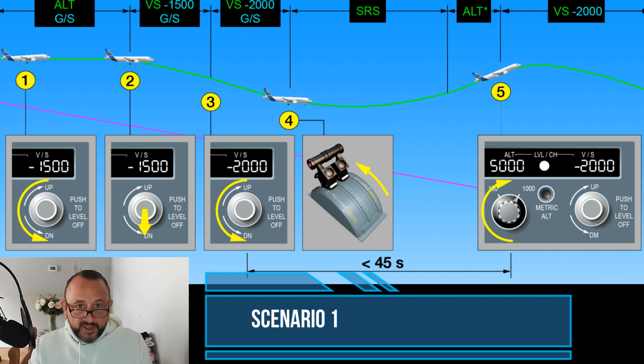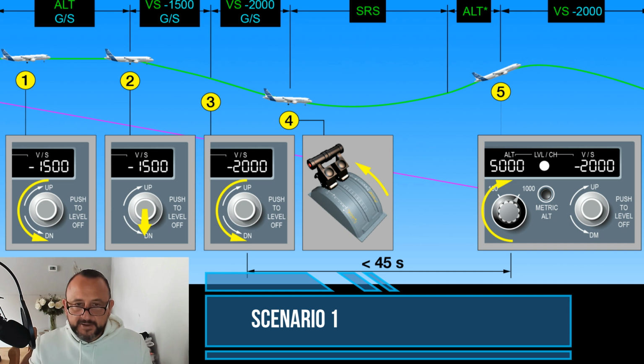So just bear in mind, you don't need to increase the altitude from OP start to trigger the VS. The VS will be triggered if the mode reversion to OP start occurs within 45 seconds of the vertical speed, as is shown here in scenario 1. So take a good look at that. Slightly different to the event that we've described, but the principle's still the same.